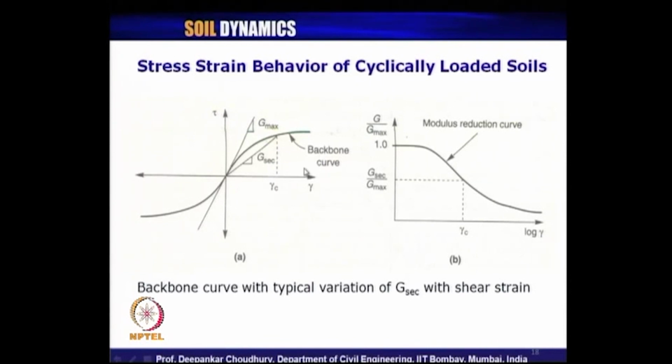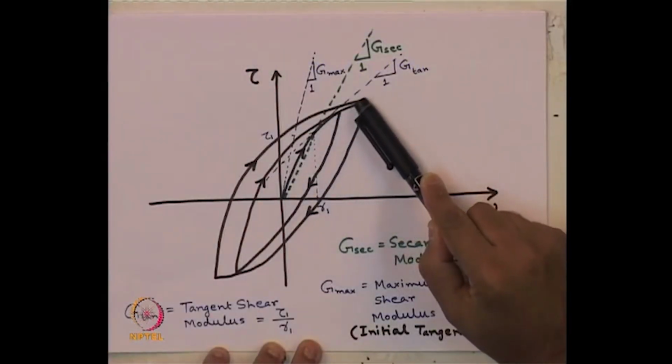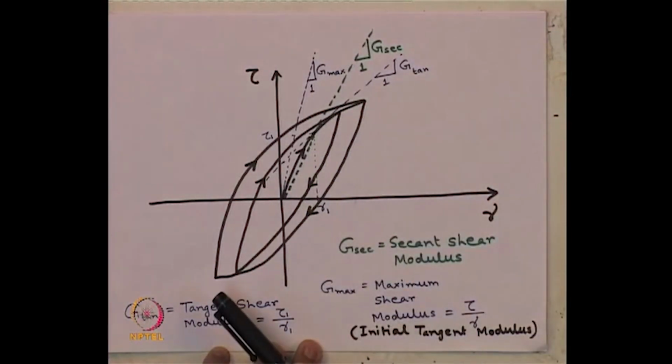Another common way to represent the reduction in shear modulus: just now we have seen in this picture that the shear modulus keeps on decreasing with increase in the strain level.